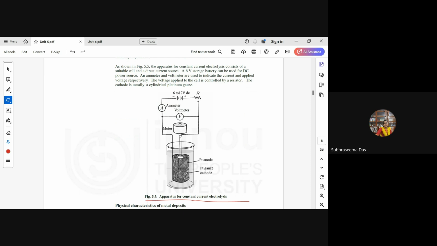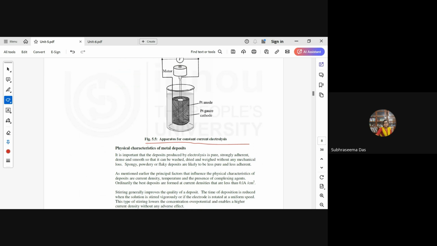The apparatus for constant current electrolysis comprises a cell and a DC source. The DC source is the power source, and an ammeter and voltmeter are also connected. The voltage applied to the cell is controlled by a resistor, and the cathode is usually a cylindrical platinum gauze. In most cases, platinum gauze is taken as the cathode.